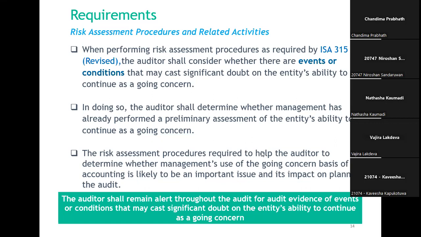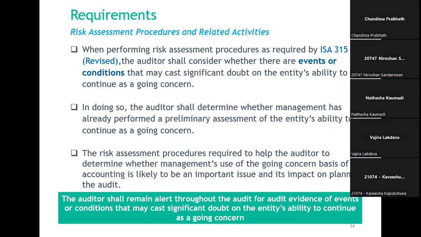The risk assessment procedures and related activities. When performing risk assessment procedures as required by ISA 315 revised, the auditor shall consider whether there are events or conditions that may cause significant doubt on the entity's ability to continue as a going concern. What are those events or conditions? There are three categories: financial, operating, and other.